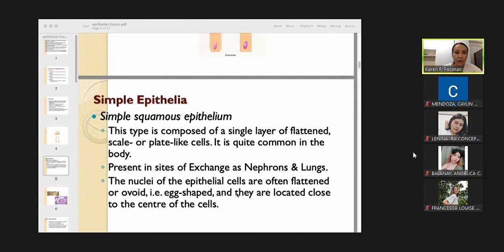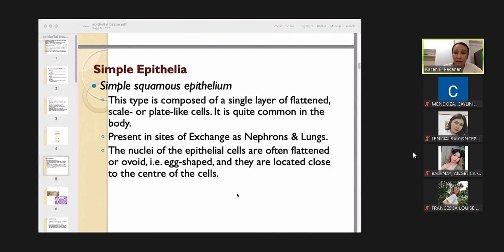So let us now start in naming the types of simple epithelia. The first one would be simple squamous epithelium, which is only made up of a single layer of flattened cells. So aside from that appearance, aside from the two criteria, another way to identify simple squamous is that you look at the shape and at the same time the position of the nuclei.